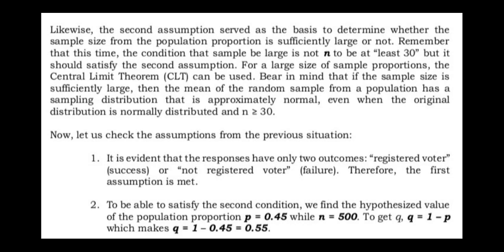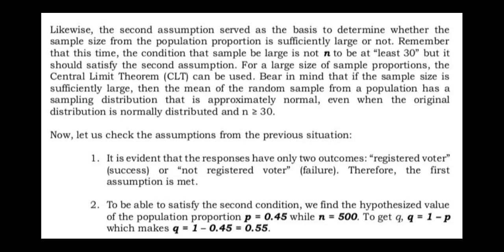Likewise, the second assumption serves as the basis to determine whether the sample size from the population proportion is sufficiently large or not. And remember this: this time, the condition that the sample be large is not n at least 30, but it should satisfy the second assumption.